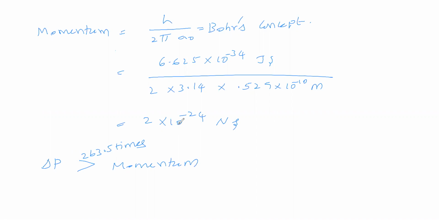That's why Niels Bohr model is not considered in quantum mechanics, because Niels Bohr says a particular circular path, and that is not possible. We'll go to the next question.